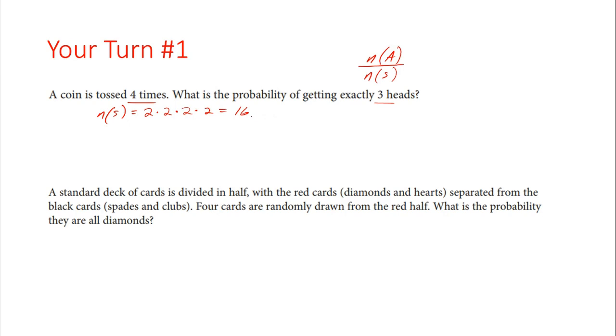You have 16 different possible outcomes, but in those 4 times that you flip the coin, you're choosing exactly 3 heads. So that's as much as I want to give you. But know the probability of that event occurring will be that.